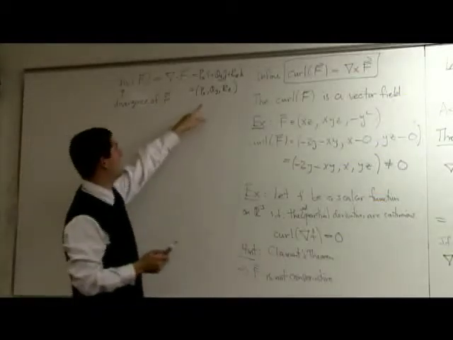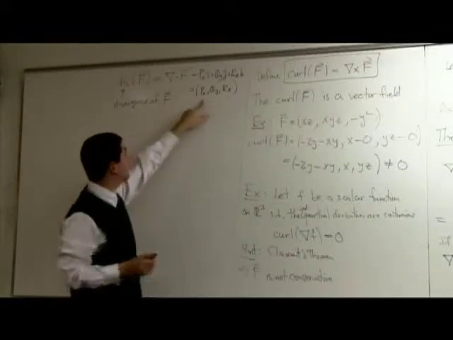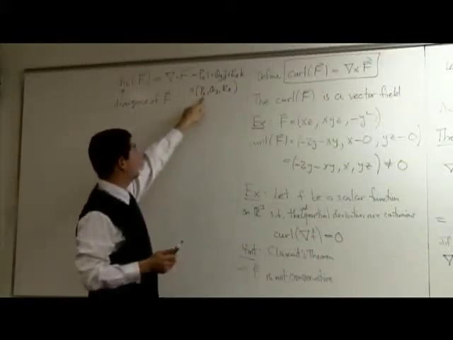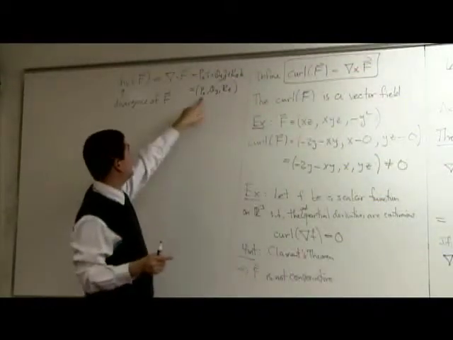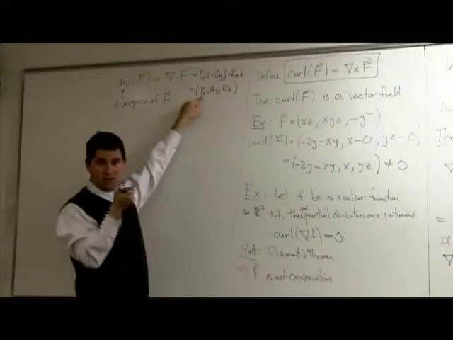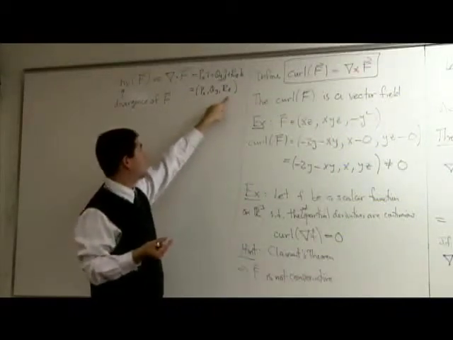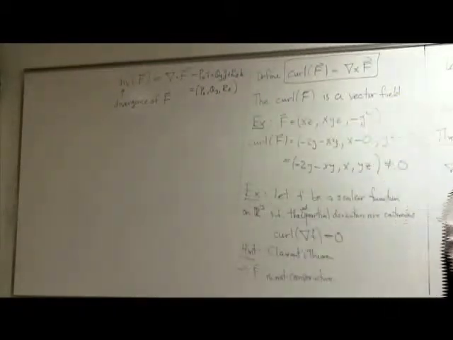What is this? The curl was a vector field again. What is the divergence? Well, let's see. It eats a point. You can put an x, y, z into it. And each of these is a function that will eat an x, y, z and spit out a number. And what do you get? You end up with a vector.